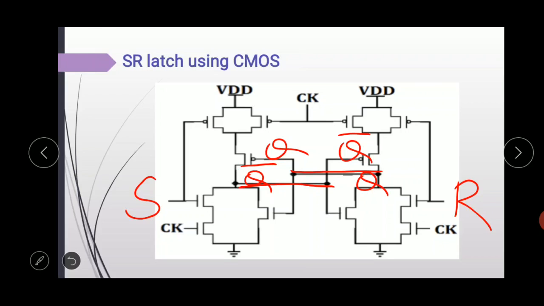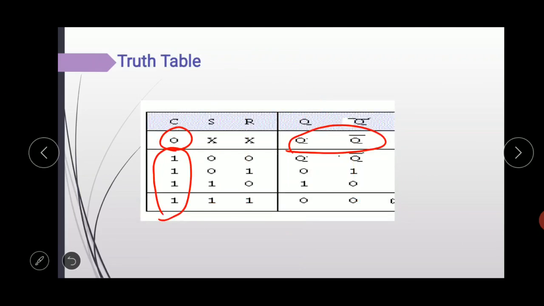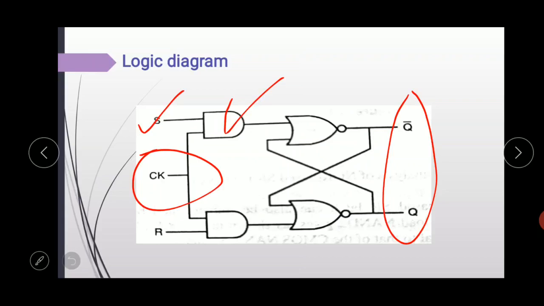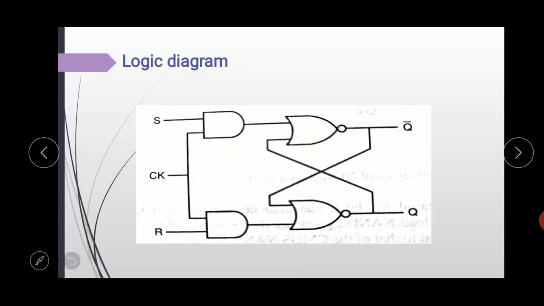Here the PMOS are connected in parallel. Another thing I forgot to tell you: here we can find out the output equation. How? This one is an AND gate, so at the output of the AND gate we get S into Ck, and here R into Ck.